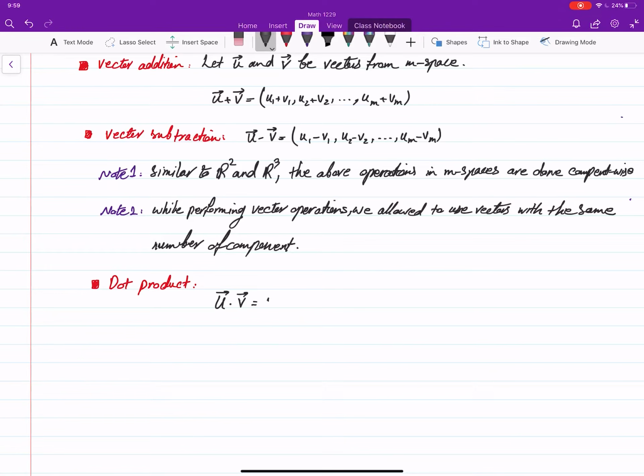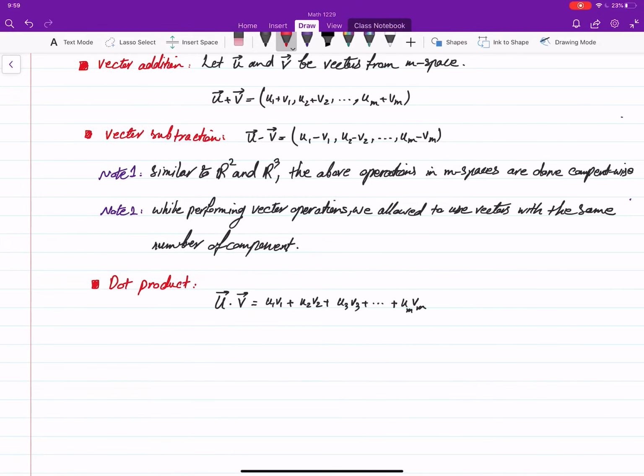You multiply the corresponding components, however many of them you have, then add them. That number is U dot V.